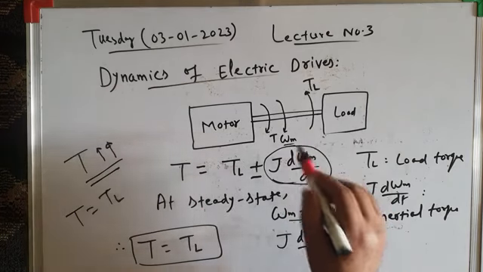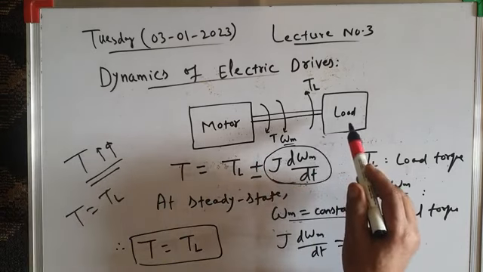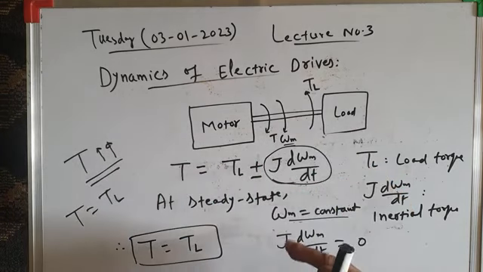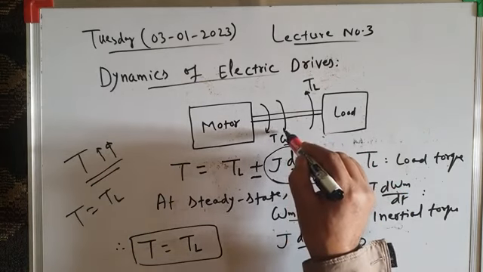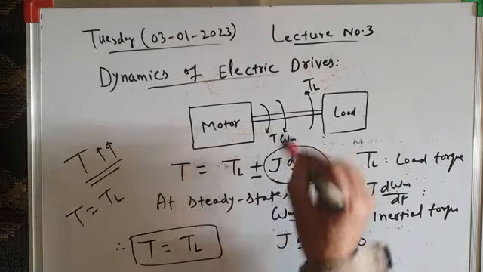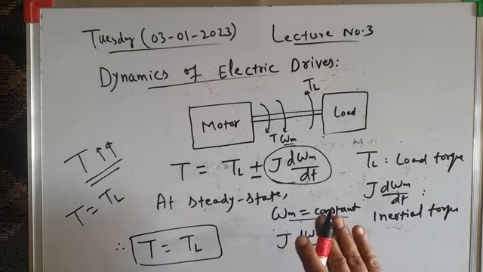Whatever kinetic energy is stored in the motor and its driven load, it is releasing that kinetic energy and transferring it to the system and keeps the system rotating for some time at speed omega m. However, the system will not keep running at this constant speed omega m.